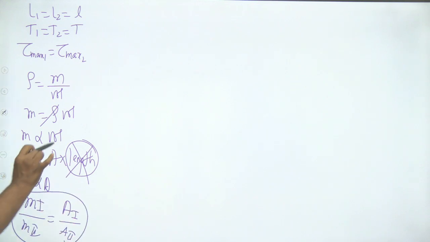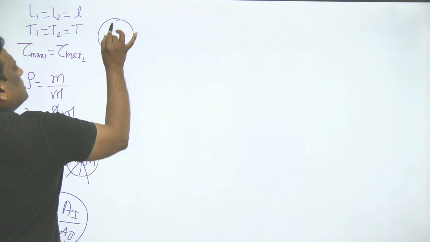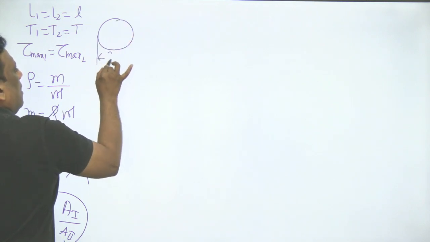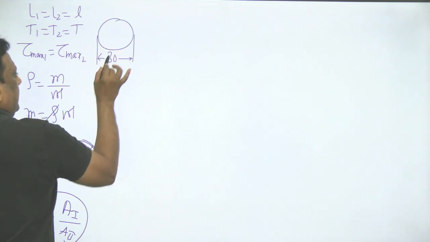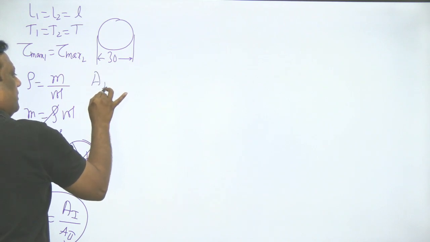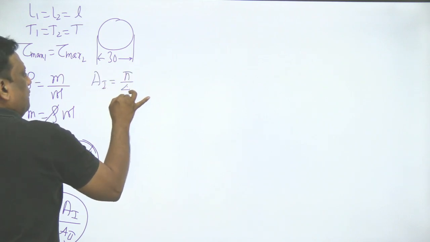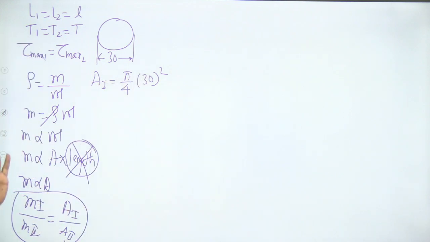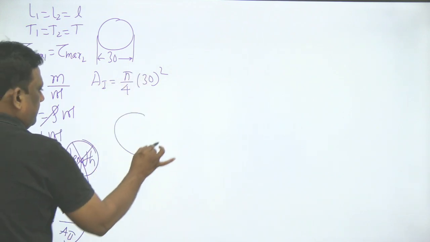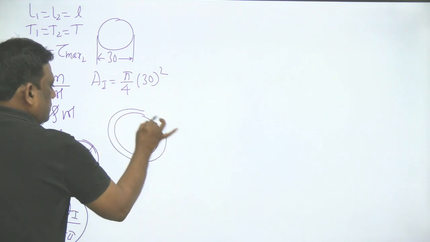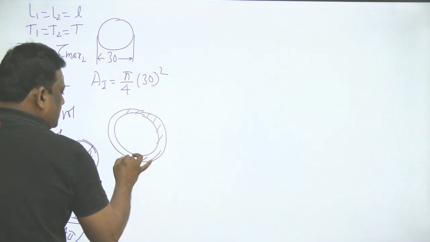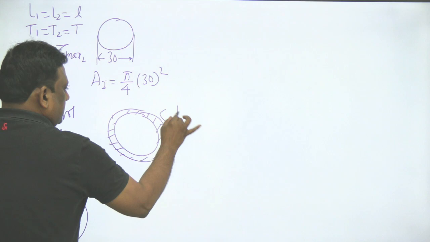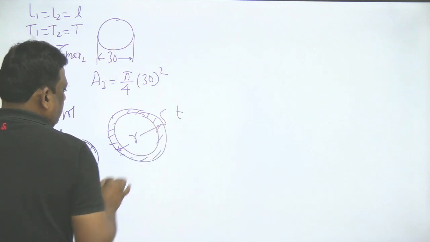Now, the first one is a solid shaft of diameter 30 mm. So what is the area of the first one? I will write this as pi by 4 d square. This is the first area. Now the area of the second. Look, my dear students, this is a hollow shaft, sorry, a thin walled shaft. I do not know the thickness, and the mean diameter is given as 40.